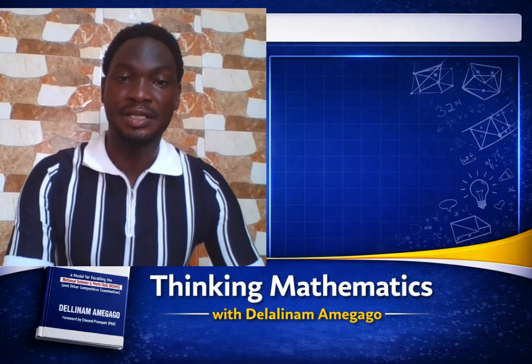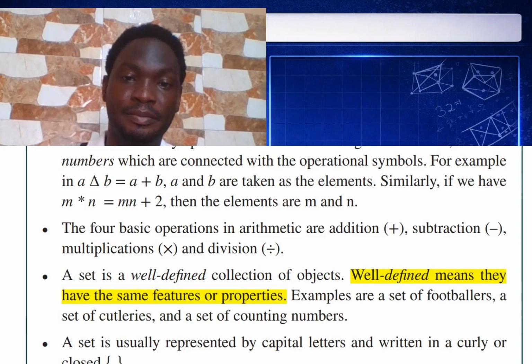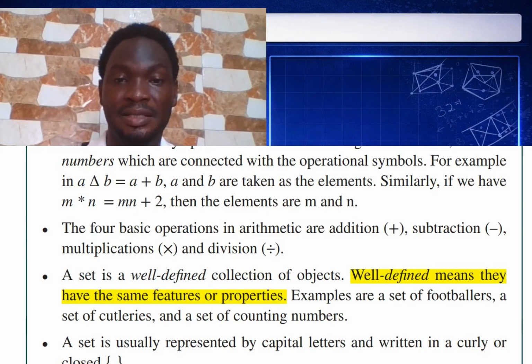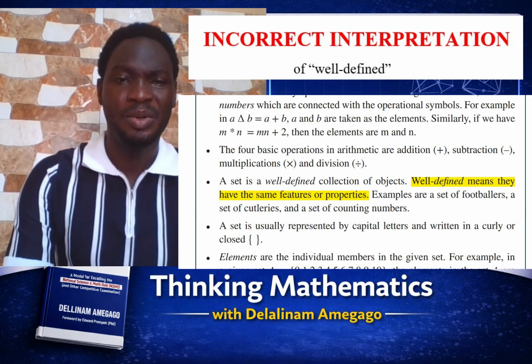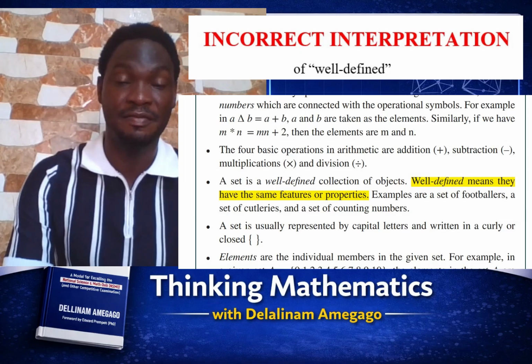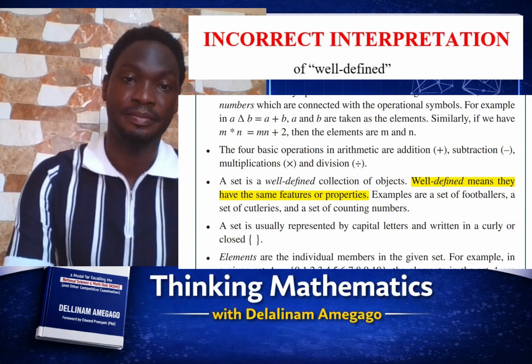And unfortunately, even the educational materials that we are using misinterpret the phrase well-defined in the definition of a set to mean that the elements of a set must have similar features. What does the phrase well-defined mean as far as the definition of a set is concerned?